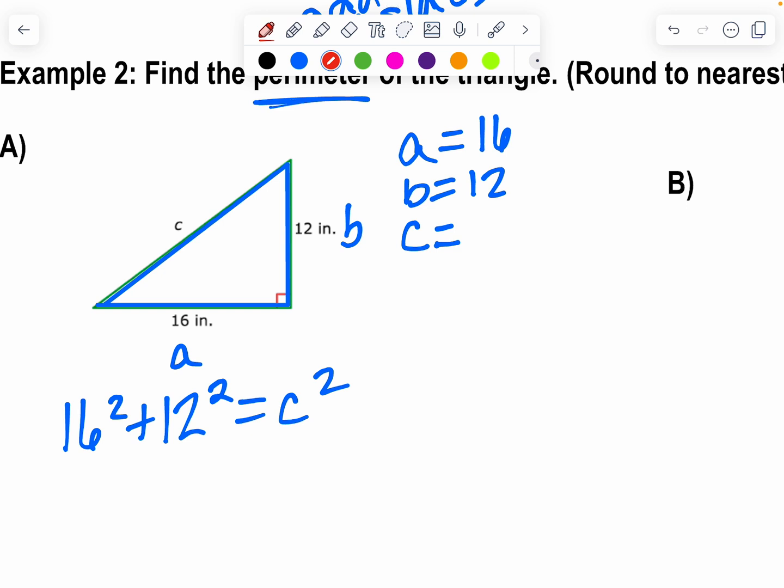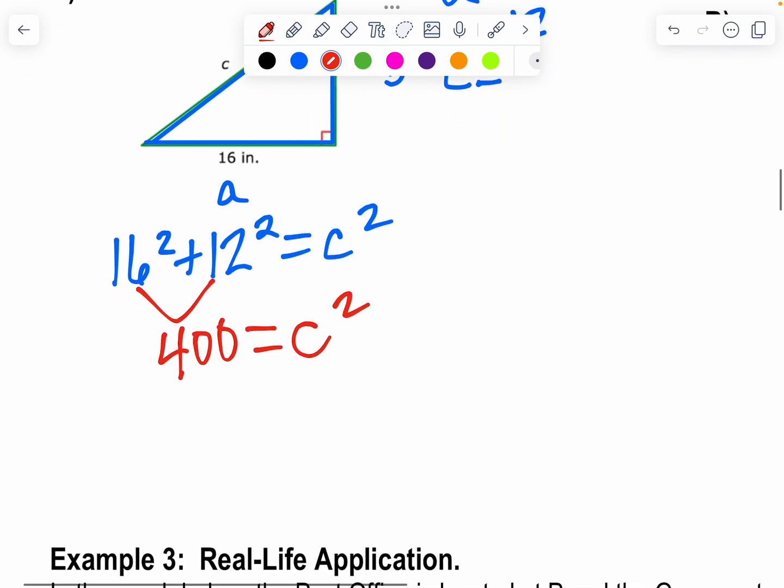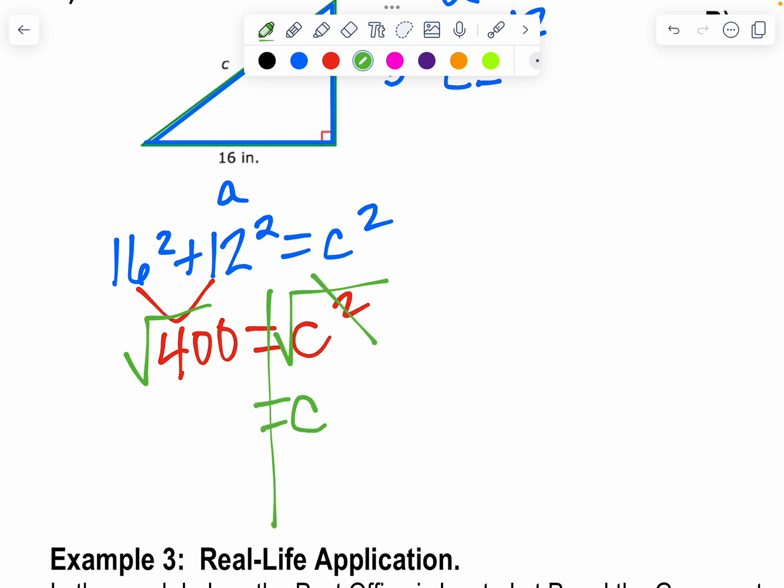Okay, so we need to put 16 squared plus 12 squared into our calculators, and we get 400. Not our final answer because we have to square root it. That cancels. C equals square root of 400 is 20.